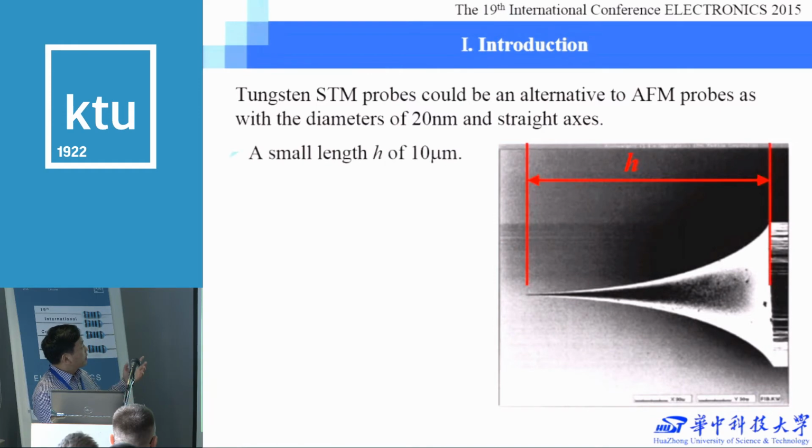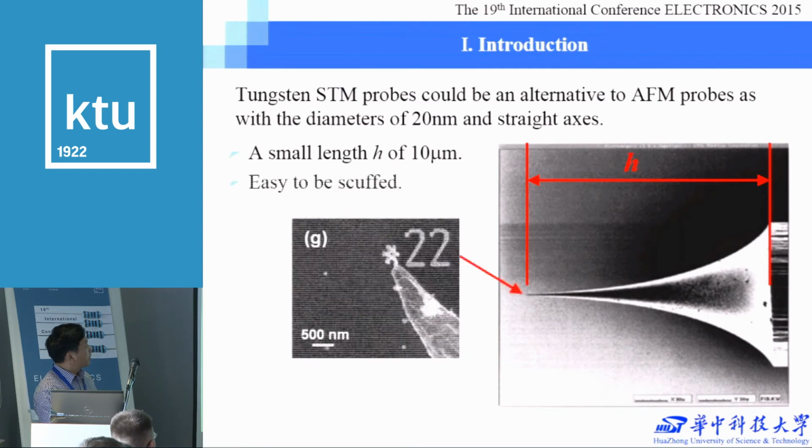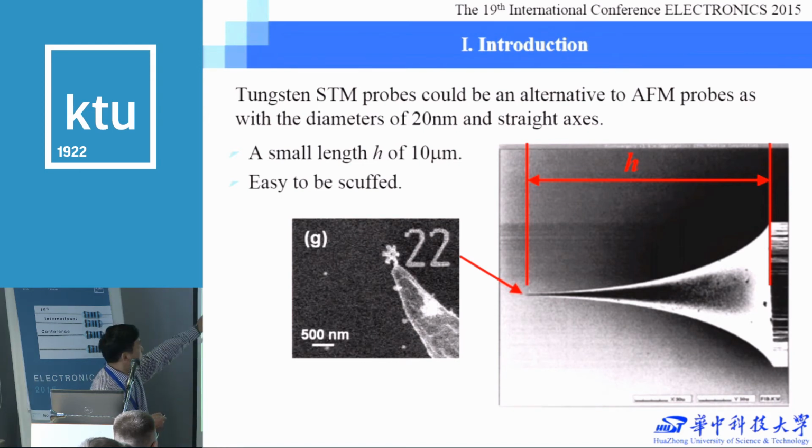And its smallest edge is almost 10 millimeters. But the tip of the probe is easy to scuff, so it is not a good choice.